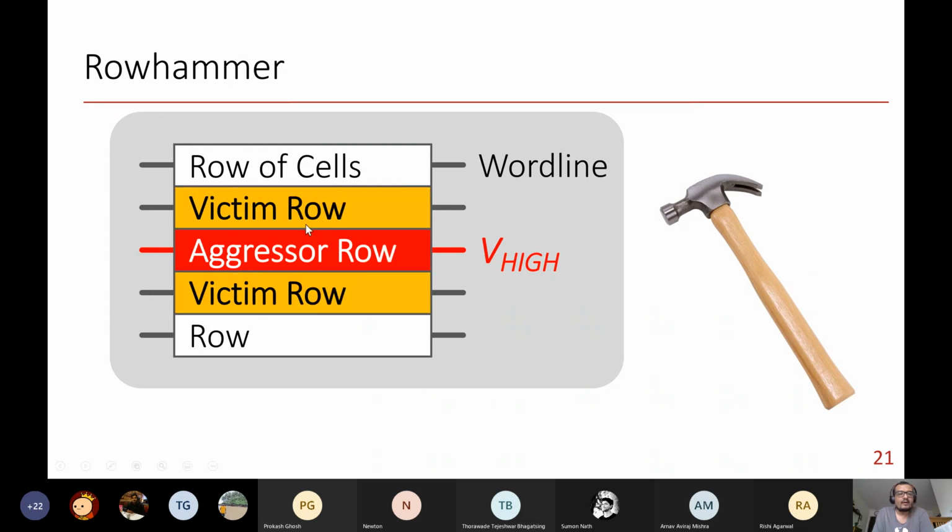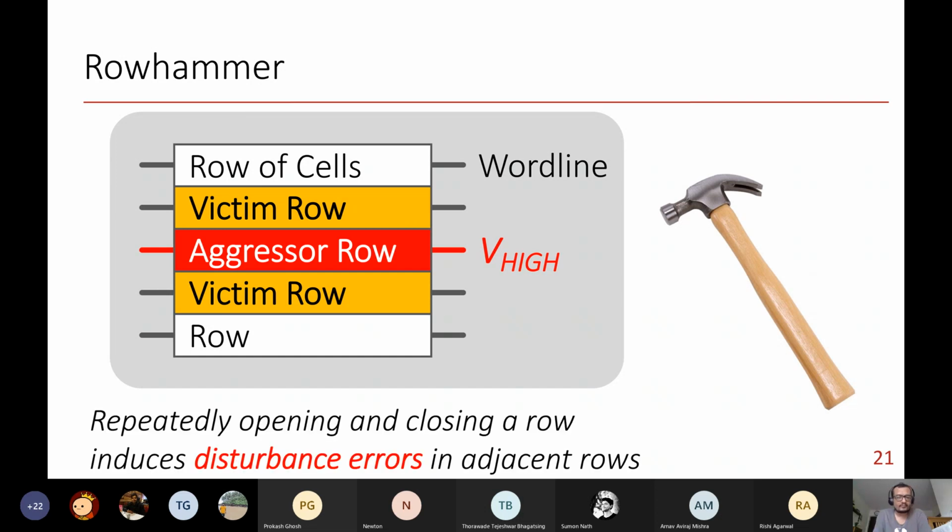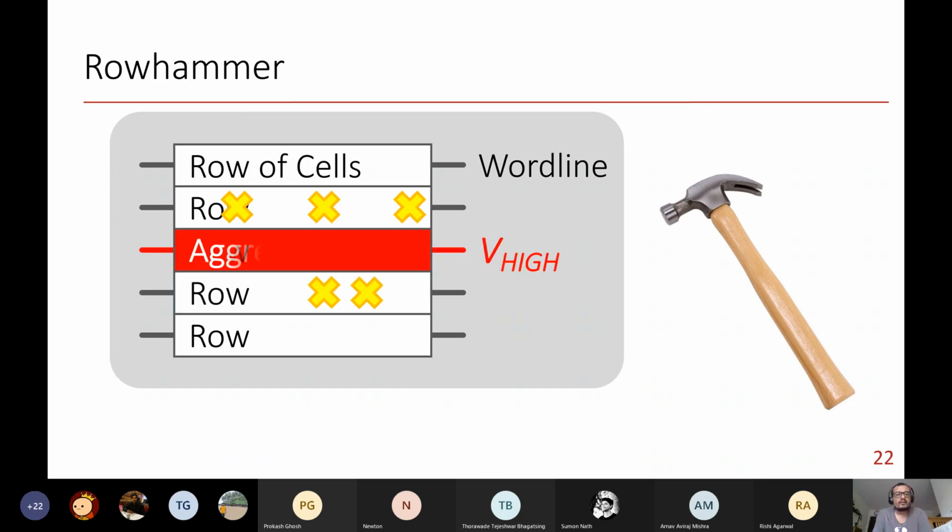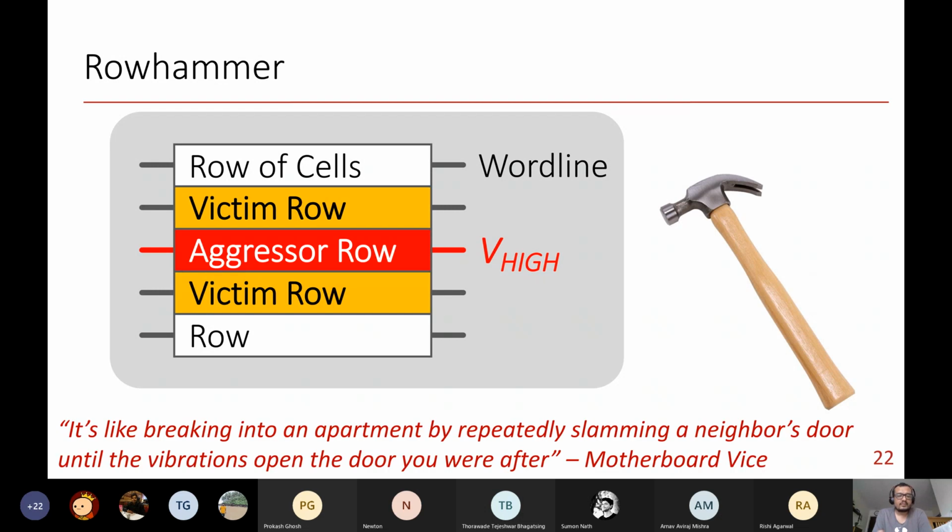The terminology used by attackers is that you have an aggressor row that you continuously access again and again, frequently, and in terms of the physical organization, it starts affecting the victim rows. This is a famous quote that maybe you can read later if it makes sense to you.